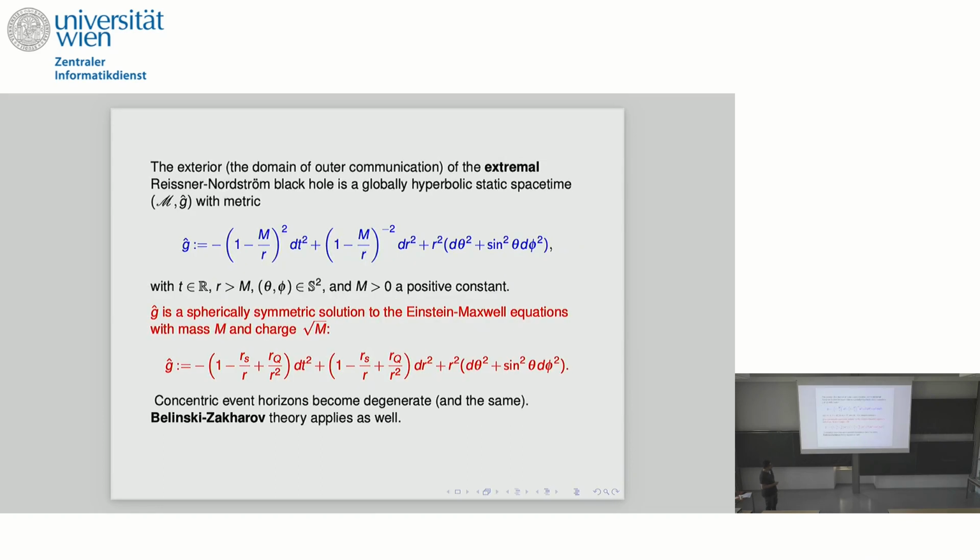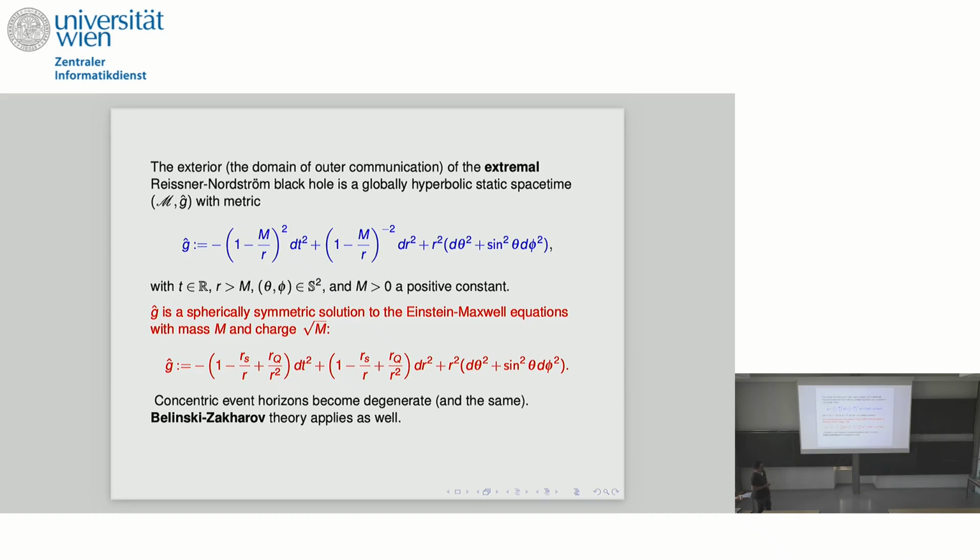So, let me go to the background I want to mention here, which is a very special black hole, called the Reissner-Nordström black hole, which is written here in red. This is a standard metric for this special black hole, which is an exact solution for the Einstein-Maxwell equations.